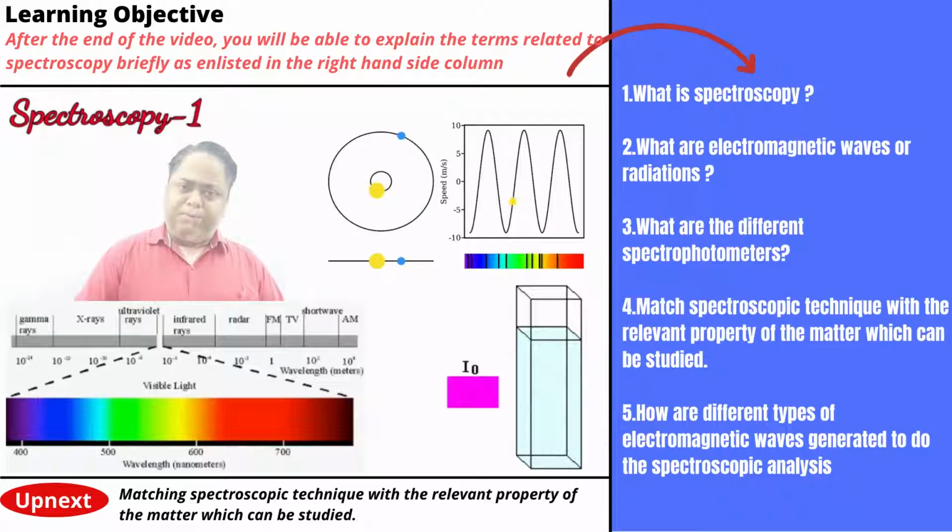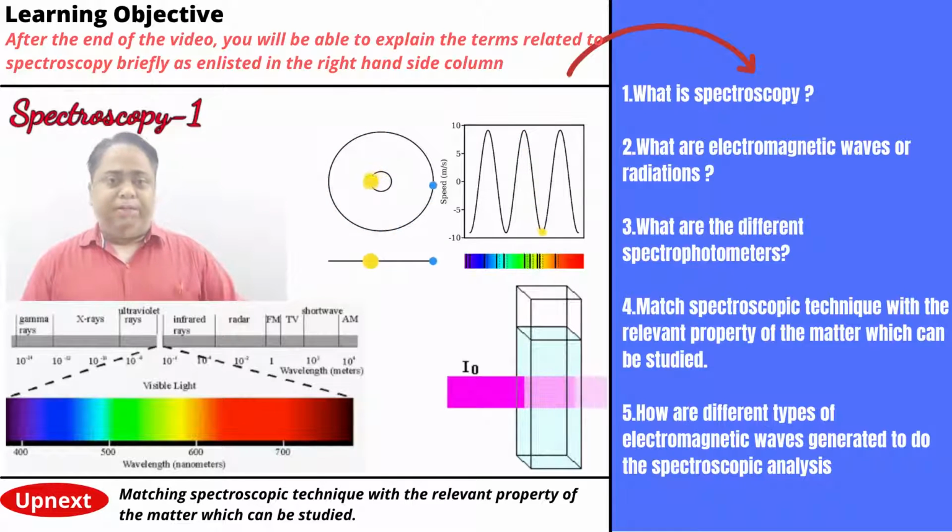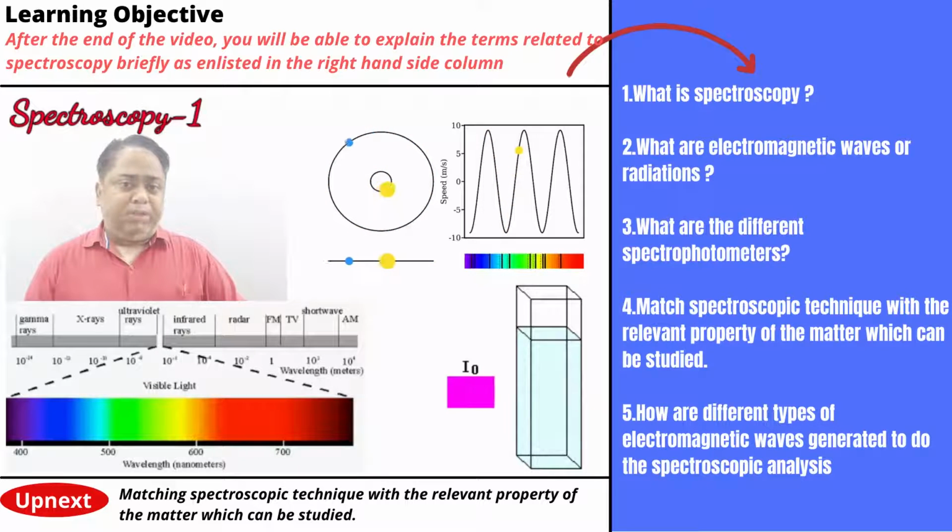Now, how many different types of spectrophotometers can there be? Since inventions and discoveries are going on, as many different types of electromagnetic waves as there are, that many types of spectrophotometers are there, like UV spectrophotometer, IR spectrophotometer, Raman spectrophotometer, microwave spectrophotometer, visible spectrophotometer, and even the spectrophotometers used in the medical industry for MRI.